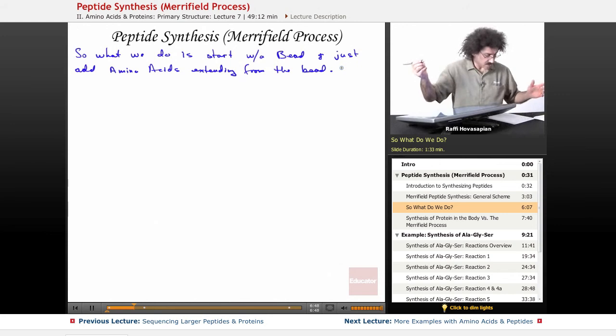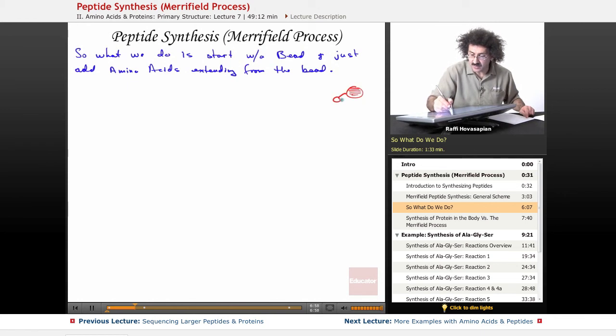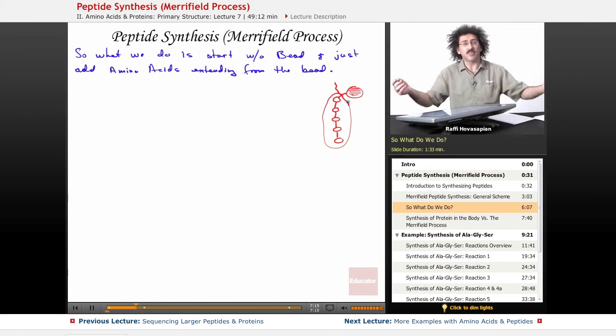We have some bead like that. Well, we add an amino acid, that's one. And then we add another amino acid, and another, and another. We go as long as we want, and we know what sequence we're going in because it's the sequence of our choosing. When we're done, we break that bond. There we go. We have the protein that we wanted.